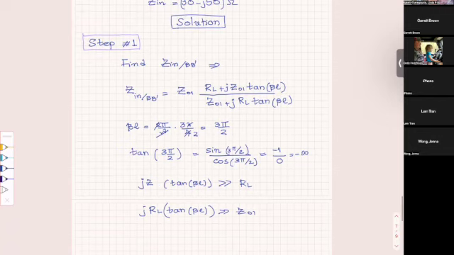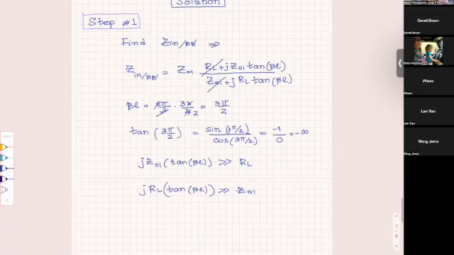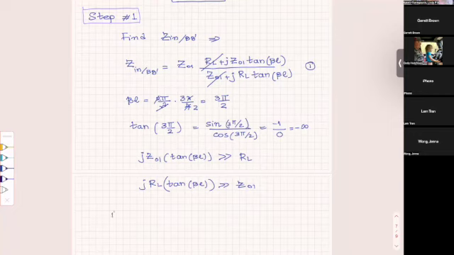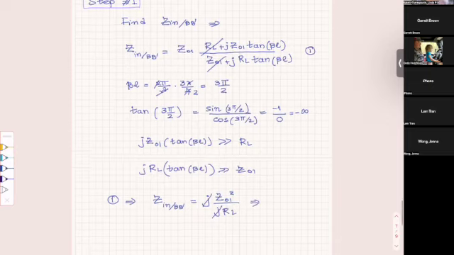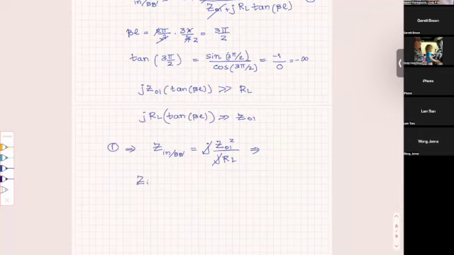which means that I can eliminate this and that, and then equation 1 gives us that Z input at BB prime is going to be J Z01 squared divided by J RL, and therefore we have that Z input at BB prime is Z01 squared over RL.